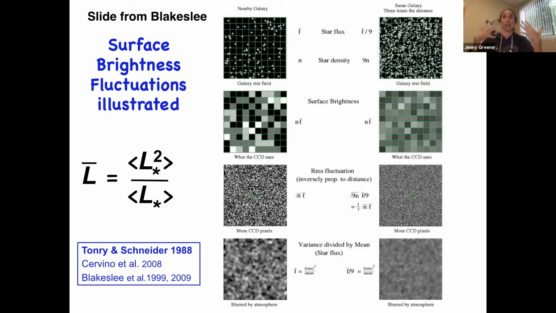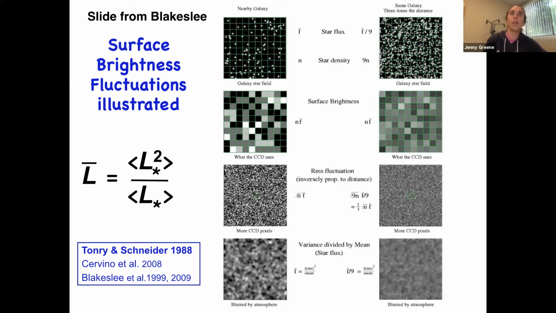But the basic idea is, of course, if you take the same galaxy and you put it further away, the surface brightness will be preserved. But because the light that we see from galaxies is dominated by the very brightest stars, the number of stars in a given pixel is going to go down with distance, and therefore the Poisson fluctuations per pixel will go down with distance.